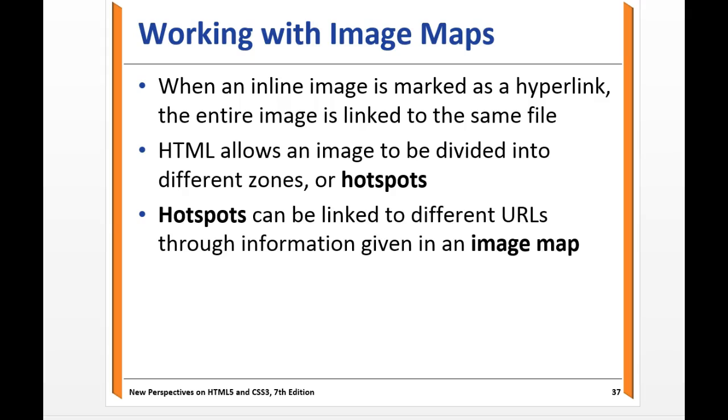Basically, an image map is a way of defining multiple clickable link areas, or what we call hotspots, within one image. These hotspots can be used to navigate or to display information about the image they cover. The hotspots can be linked to different URLs through information that is given in an image map.